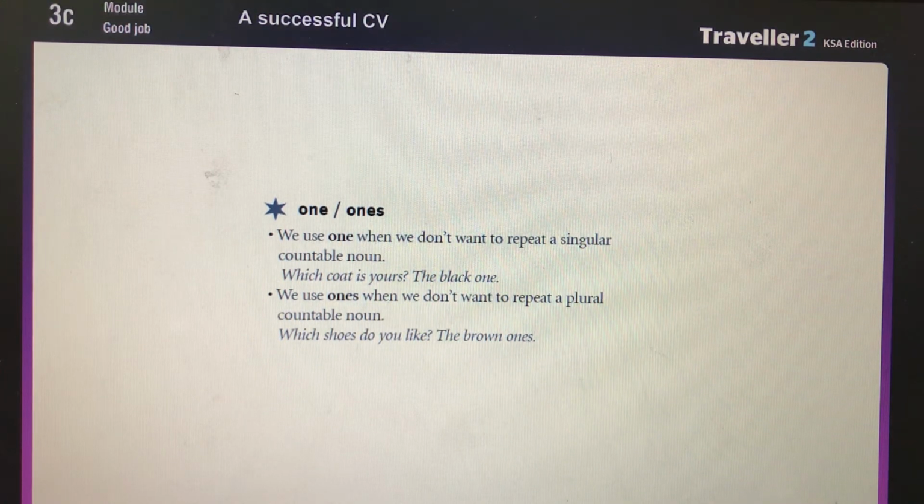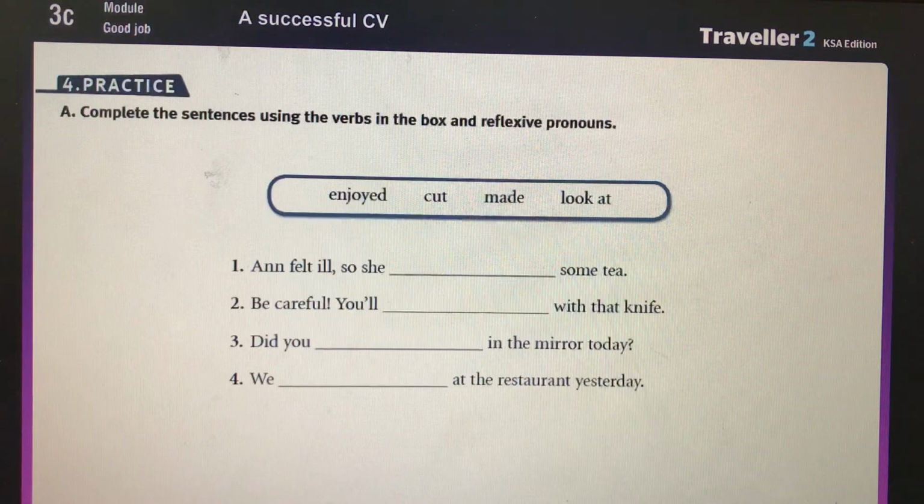Practice. Complete the sentences using the verbs in the box and reflexive pronouns: enjoyed, cut, made, look at. Anne felt ill.